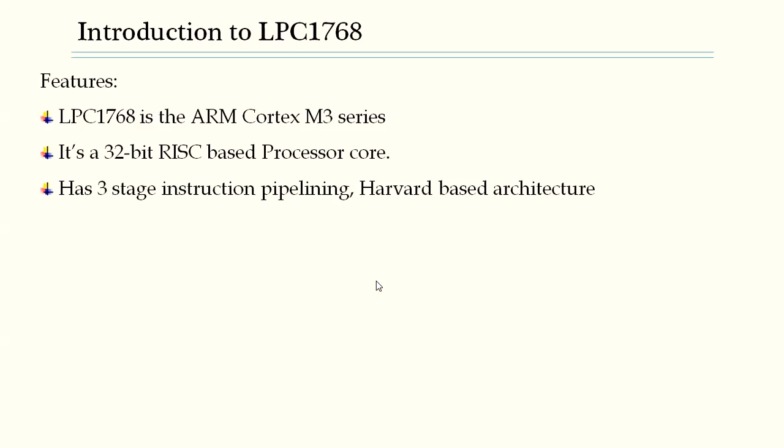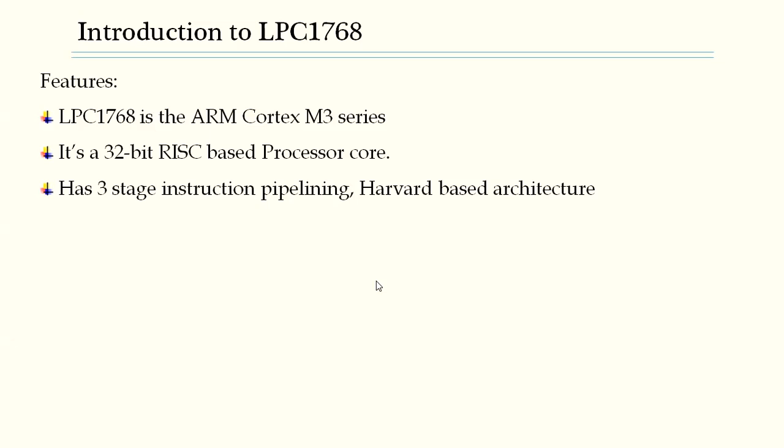Now these 3 stages are pipelined, which implies that when instruction 1, let's take for example, is fetched and then sent for decoding, the fetching unit is free. So the next instruction, that is I2, can be fetched.